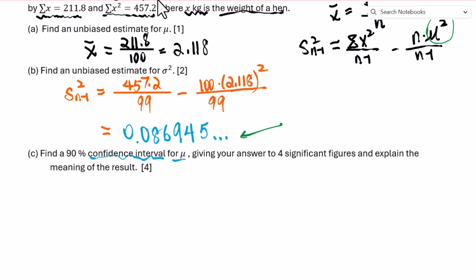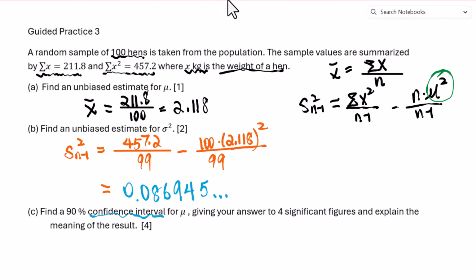From this, we know s sub n minus 1 equals square root of 0.086945, because in the calculator we need an unbiased estimate of sigma, not sigma squared.